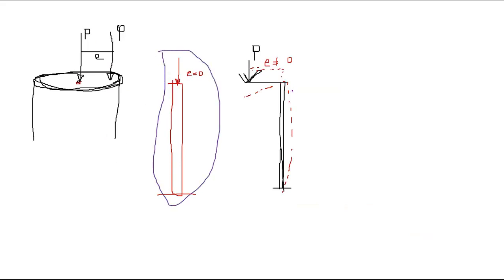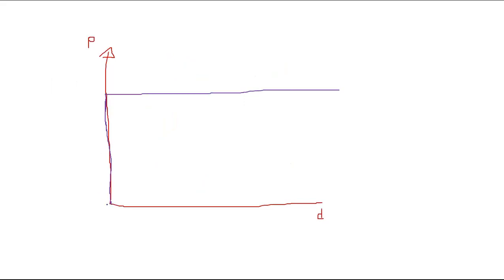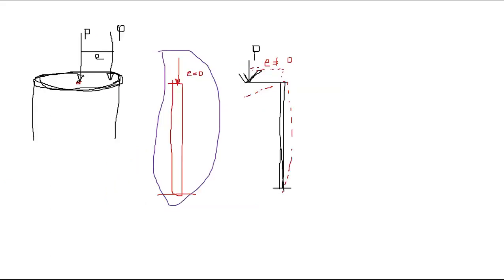But with eccentricity, as soon as the load is applied, you will have deformation. And this governs another thing: due to this moment, your critical buckling load calculated in these steps will be further reduced.